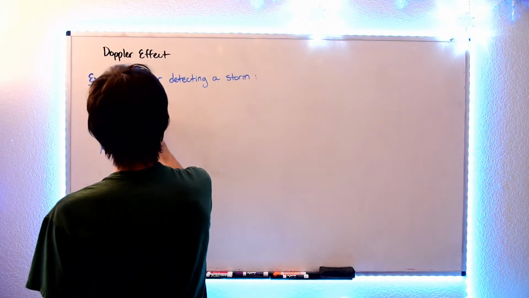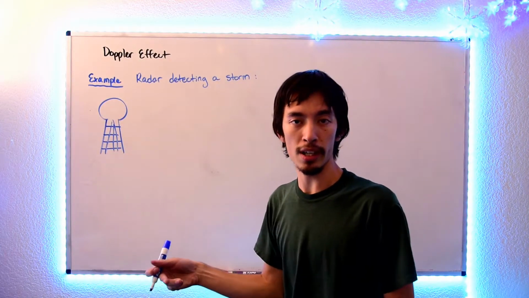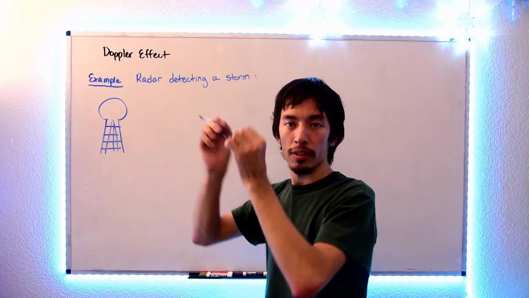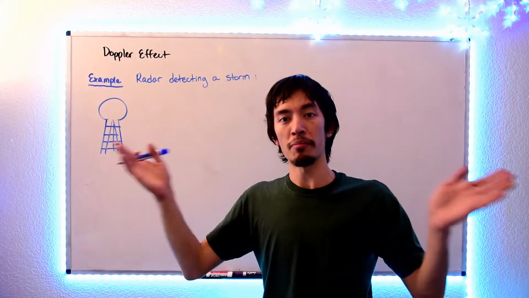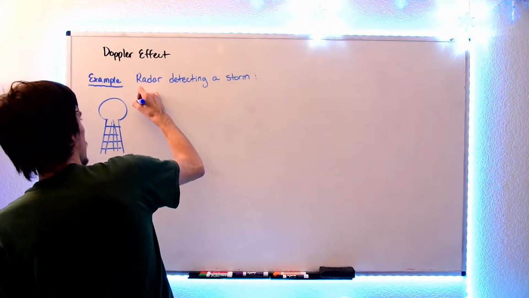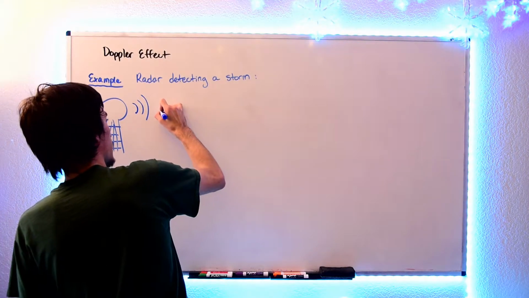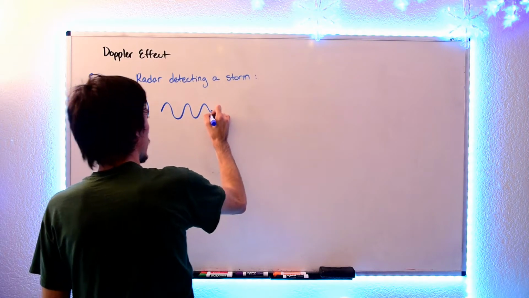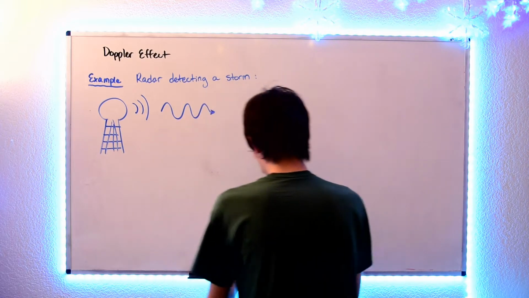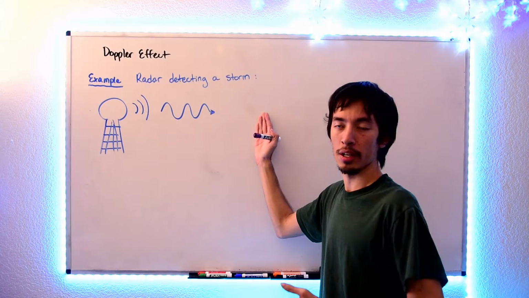Let's say this is my radar, and what will happen is it's going to emit these waves out, and they travel at the speed of light because they are light waves. So you emit some signal out, and it sends this electromagnetic radiation out, and there's some object or obstacle that it's going to encounter at some point.